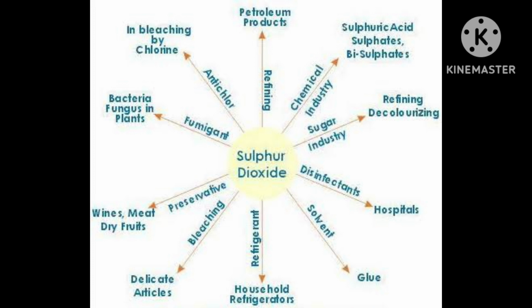Sulfuric acid is one of the most important industrial chemicals worldwide. Sulfuric acid is manufactured by the contact process, which involves 3 steps.